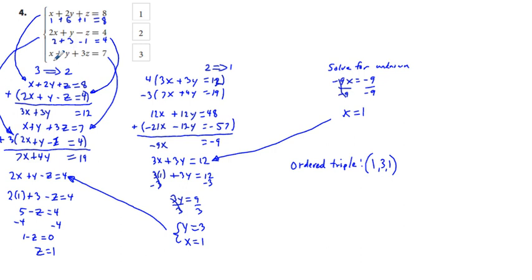Check. And then we have 1 plus 3 plus 3 is equal to 7. Check. So these all check. We know we have a good ordered triple right here. And that's it.